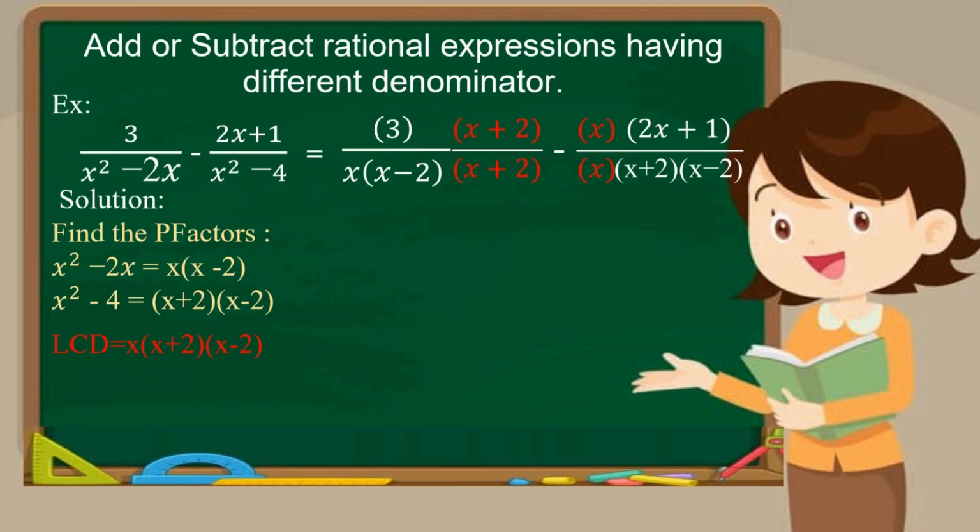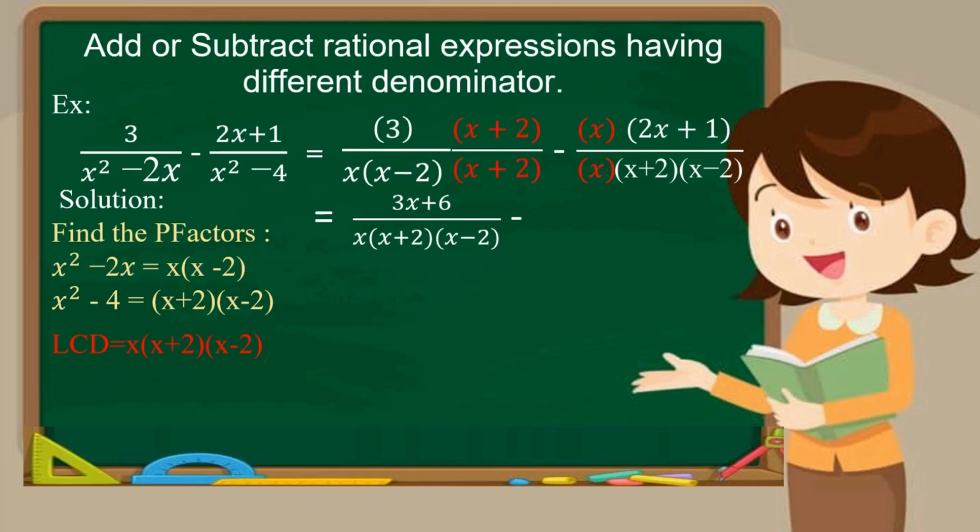Now, simplify na natin by multiplying factors in the numerator. Here, you can see that pwede nating i-distribute ito. Distribute by multiplication. So, 3 times x, we have 3x. Okay? 3 times 2, we have 6 over our lowest common denominator.